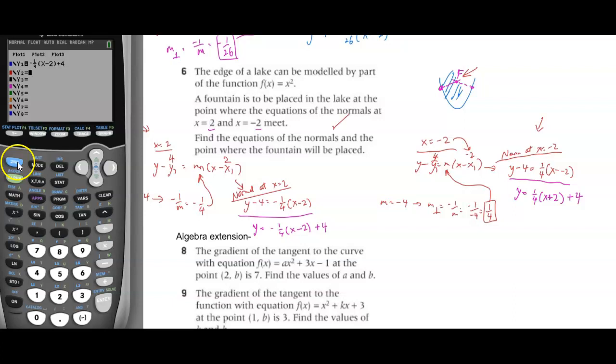I just have a +1/4. So I do math, vertical fraction, 1/4, right arrow, x plus 2, plus 4. So now I have two normal lines, and they are going to intersect at a certain place.